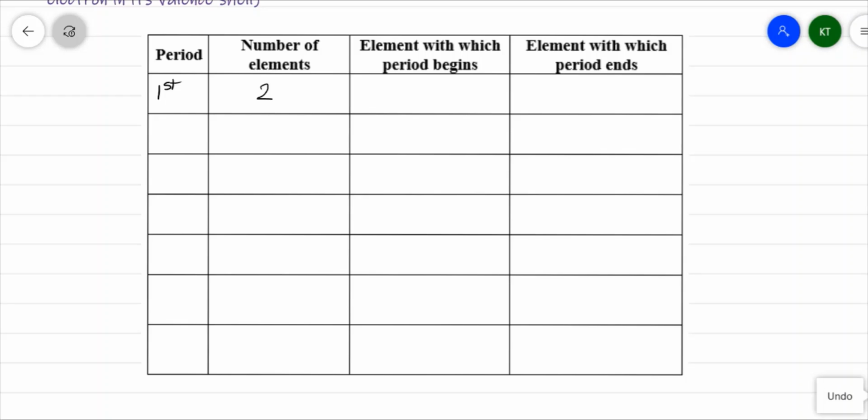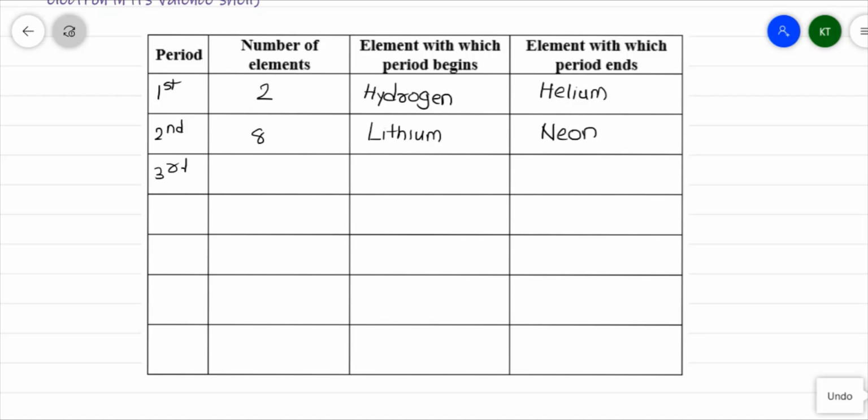It begins with hydrogen and ends with helium. The second period has 8 elements. It starts with lithium and ends with neon as a noble gas.